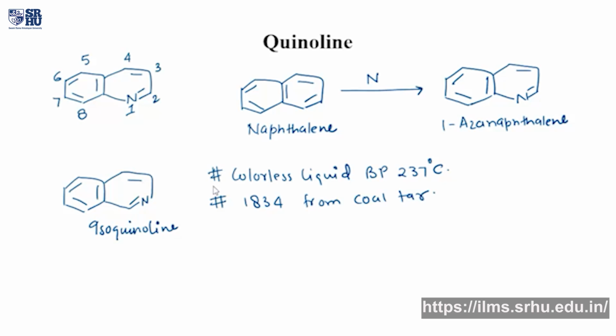Quinoline and isoquinoline are also called benzopyridines, because if you break down the quinoline ring into two parts, you will see that one is a benzene ring and the other is a pyridine ring.